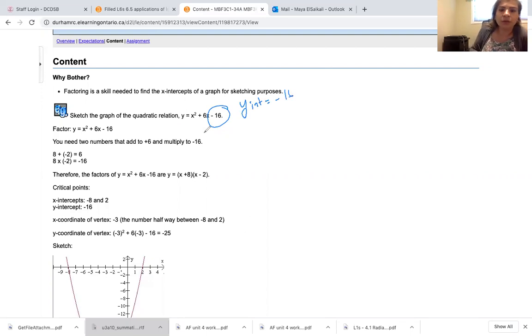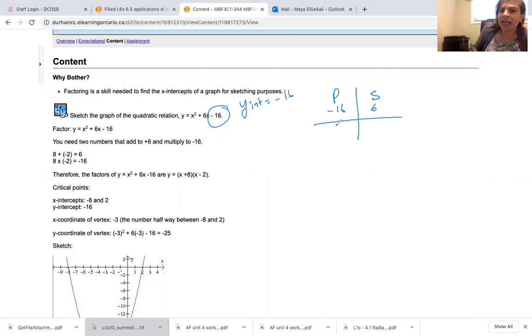Now, in order for me to find the x-intercepts, I need to factor. To factor this, I'm looking for two numbers that multiply to negative 16 and add to 6. So what multiplies to negative 16?